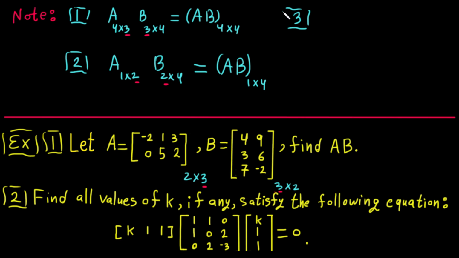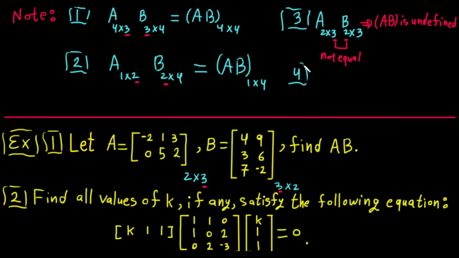Third example. Here we have A, let's say 2 by 3, and B also 2 by 3. Since these are not equal, then the matrix AB is undefined. So we can't find the matrix A multiplied by B.